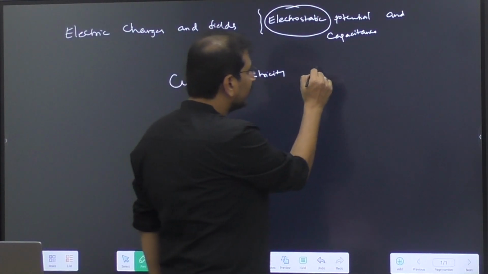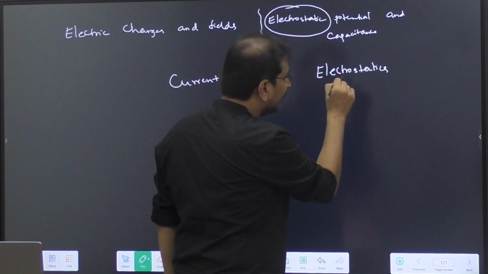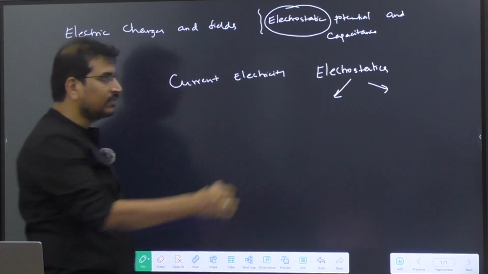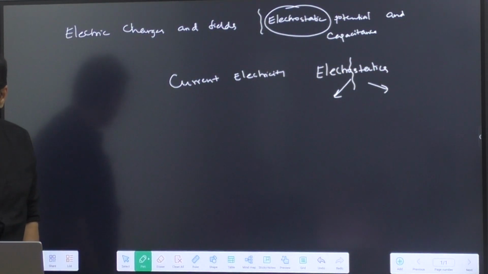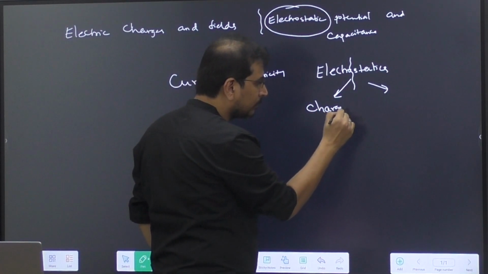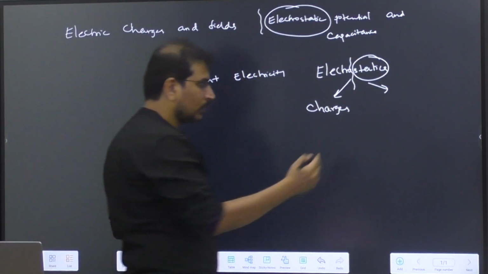Right. So the first thing that we need to understand is something called electrostatics. If I try to dissect this word into two parts, electro refers to charges basically. Statics refers to rest.